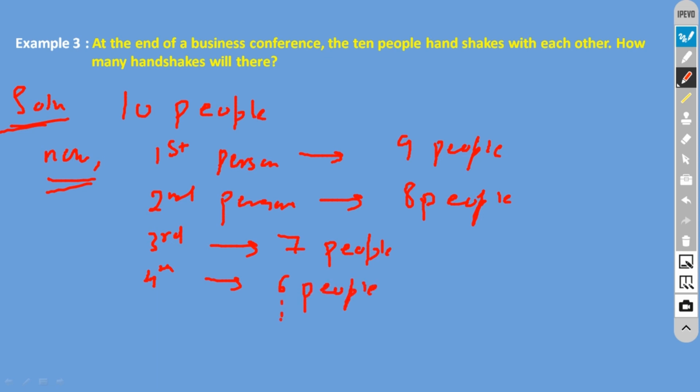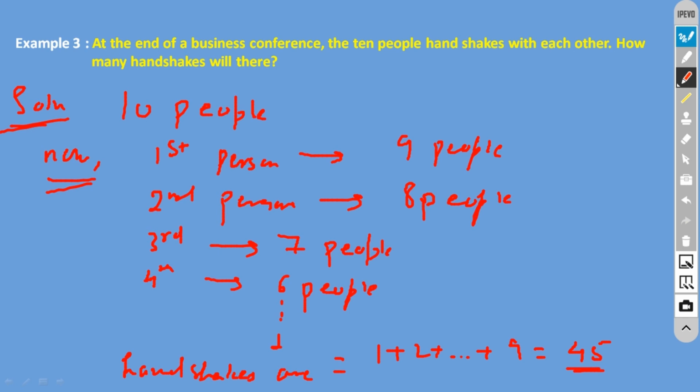You can see this going till 1. Got it? So the total handshakes are 1 plus 2 plus till 9. Got it? If you add these up till 9, you get 45.